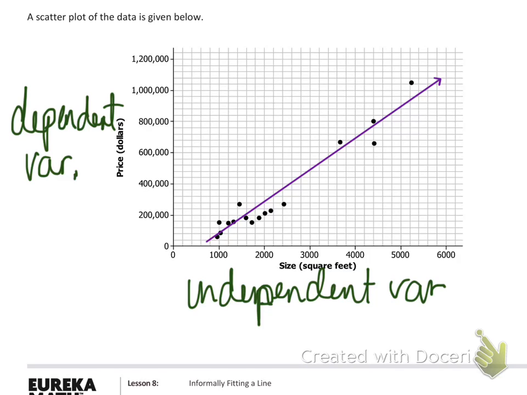Okay, so again, reviewing the independent variable, that's the thing that you choose, that you get to manipulate. I get to choose the size of the house, and my best fit line here is going to predict the price for me. So the price depends on the size of the house here.